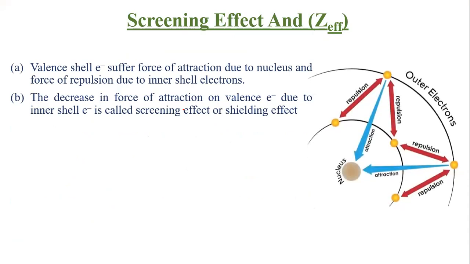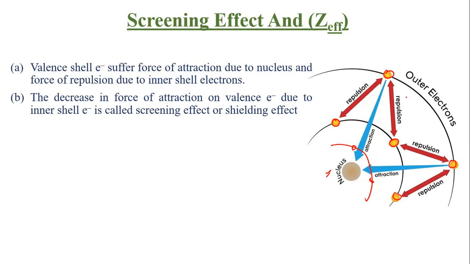Now see this figure. This is the nucleus. One, 2, 3 electrons are there. Suppose this is the first shell with 2 electrons, and the second shell has so many electrons. And this is the outermost shell, with the outermost 2 electrons.